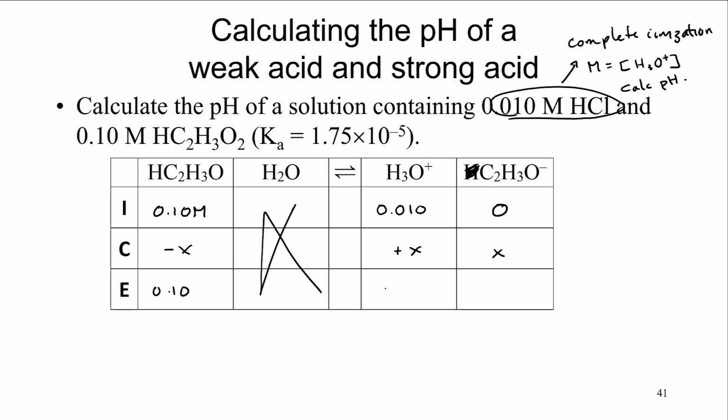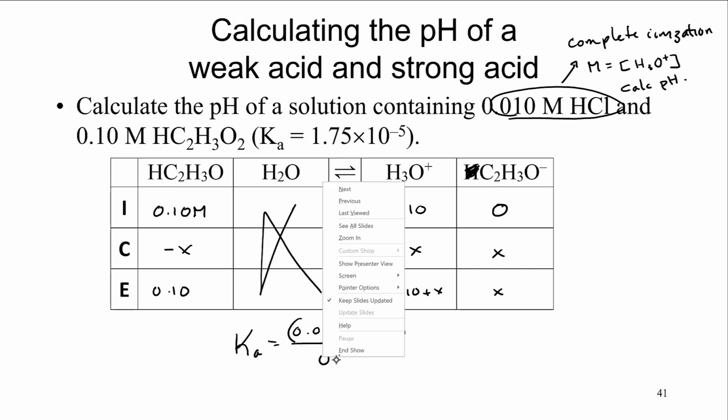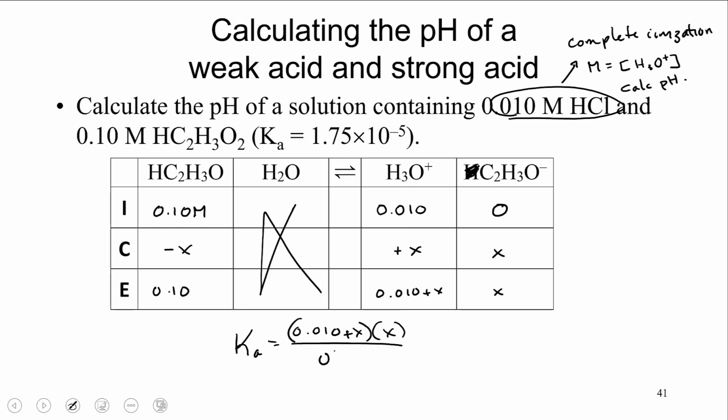except now we have some hydronium initially present. And so we'll have to set up a Ka expression. Ka is going to look like 0.010 plus X times X divided by 0.10 minus X, and that's equal to the equilibrium constant, 1.75 times 10 to the minus fifth.